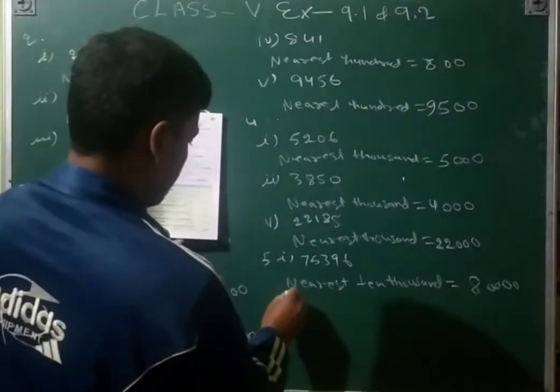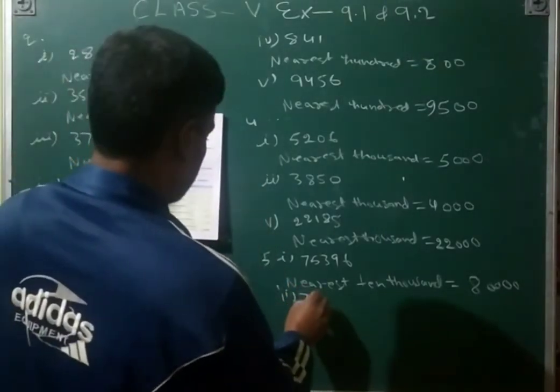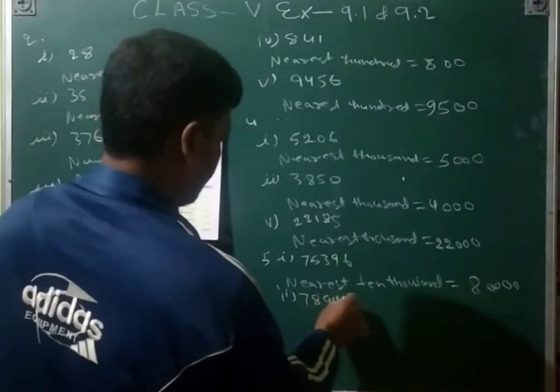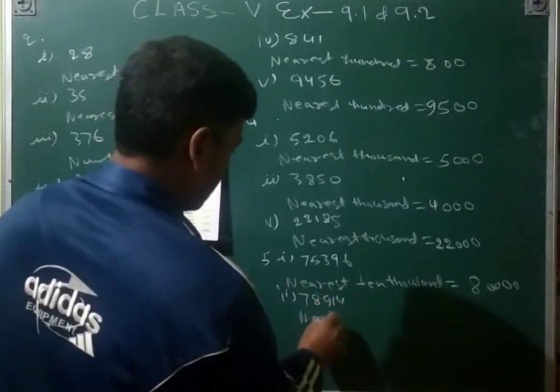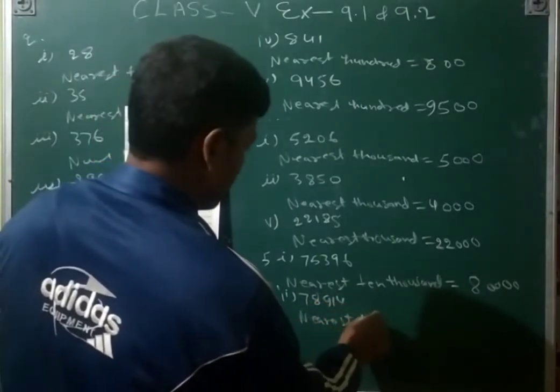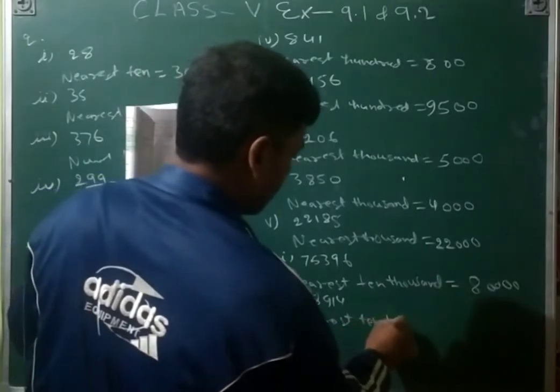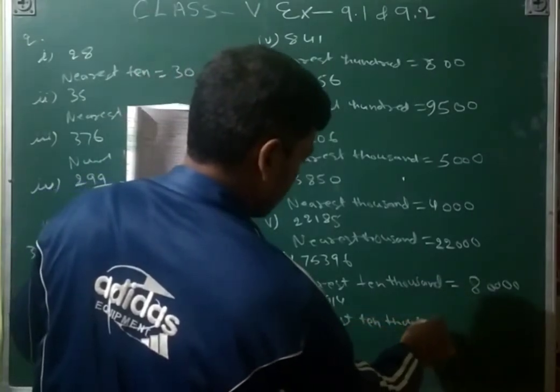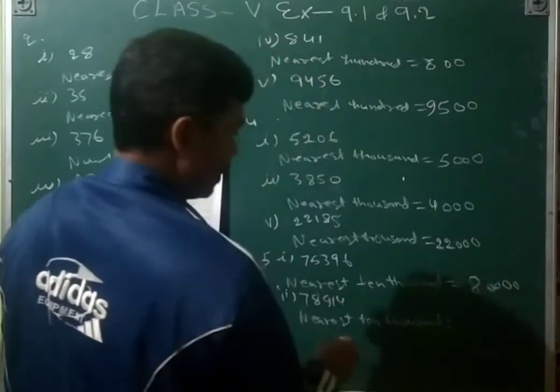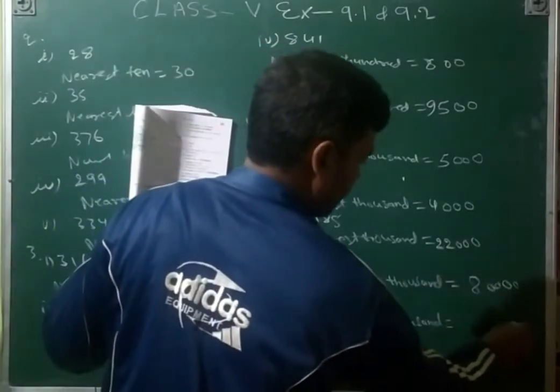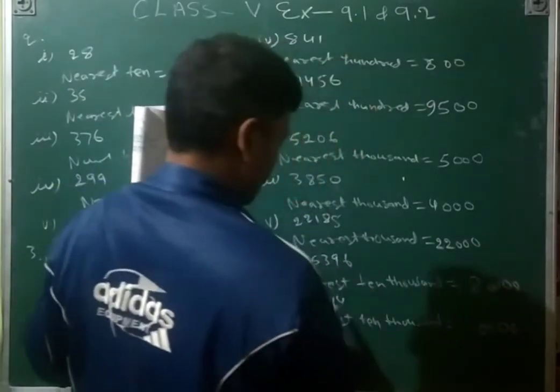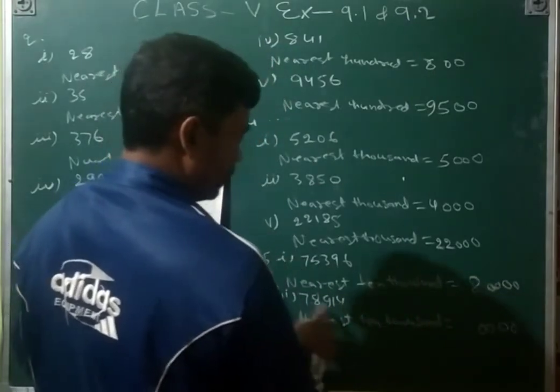Second part is 78914, nearest 10,000. That is 80,000 will come. This is the 8, so this will be changed.